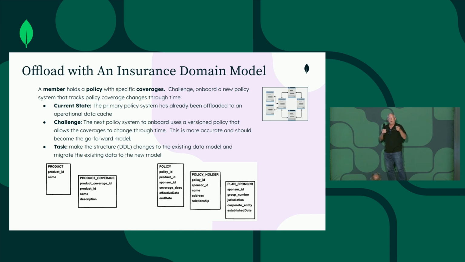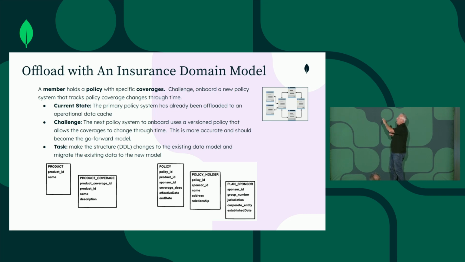Every time you make an acquisition, you get a new policy system, so there's one for every acquisition. We went through and we were good doobies, and we made a model in our offload system here, and we've got our little policy domain here. As you can tell, it's greatly simplified. Even if you pull up a chord and look at a policy domain, it's hundreds of tables.